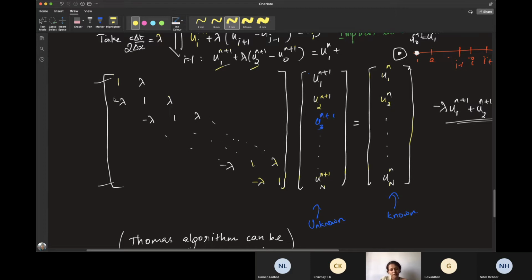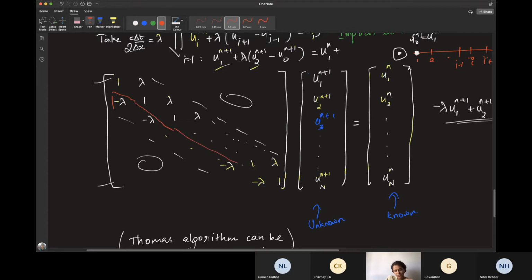Since it's a tridiagonal matrix, all the other terms will be zeros. So you can bring this to echelon form easily. You only have to make the bottom diagonal 0.